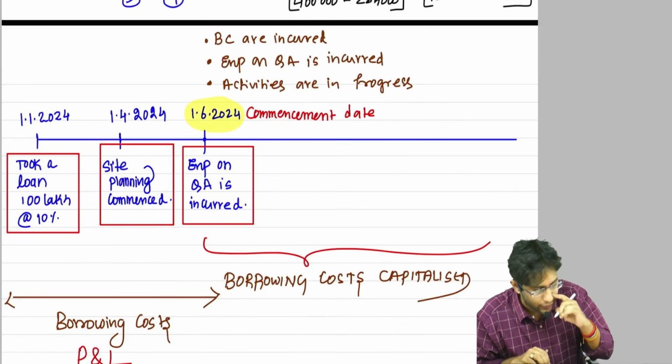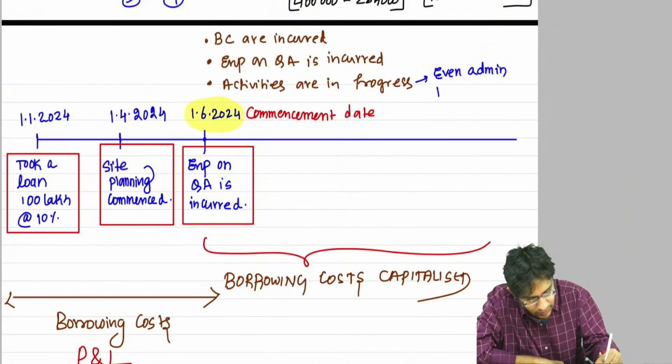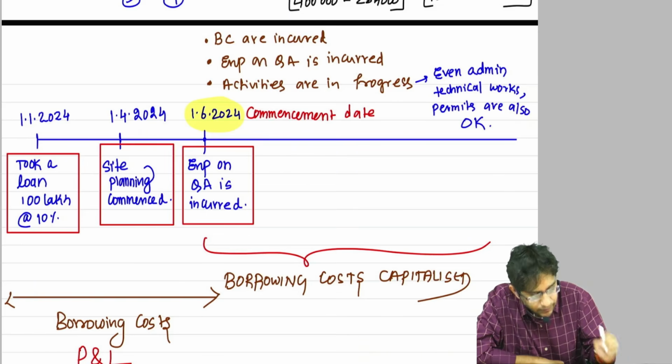Now, when you say activities must be in progress, and when I say even admin activities, technical works, obtaining permits, these are also okay for me.